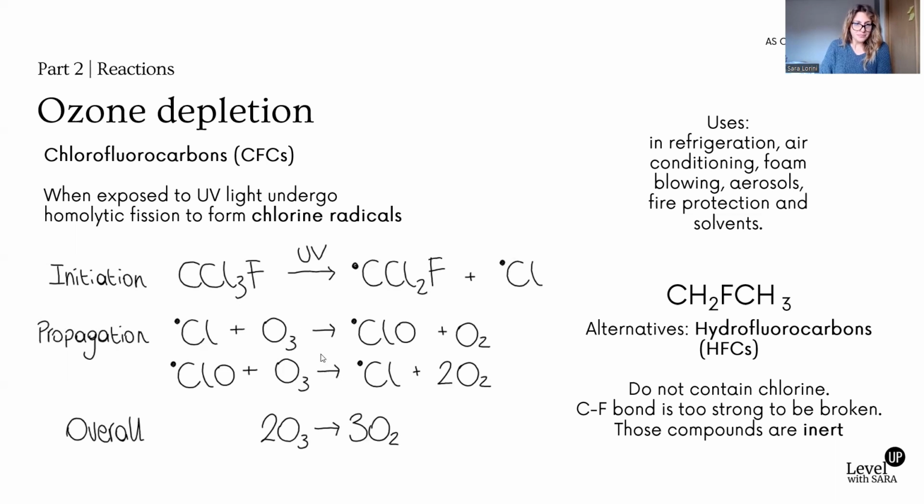Notice that it's just slightly different compared to the radical substitution because the radical stays on the chlorine, and releases the oxygen. Okay, but again, we have this intermediate of this chlorine oxygen radical, which would react with another ozone to reform the radical. So notice that we always have an intermediate, and then the catalyst is reformed, and we would have, in this case, other oxygen that overall would form the depletion of the ozone to form oxygen gas.